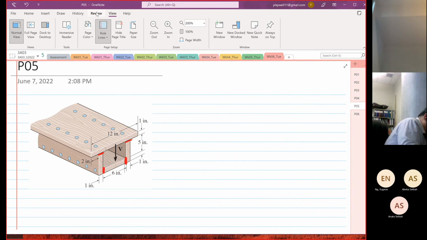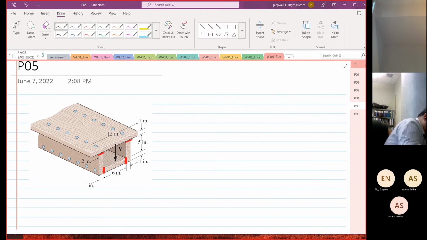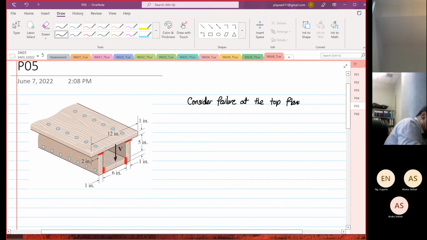So let's consider failure at the top flange and vertical web.